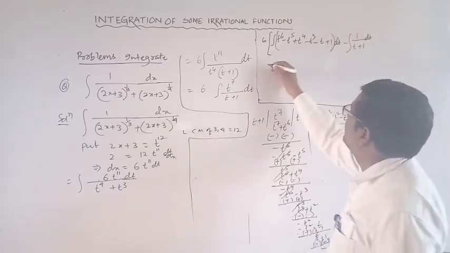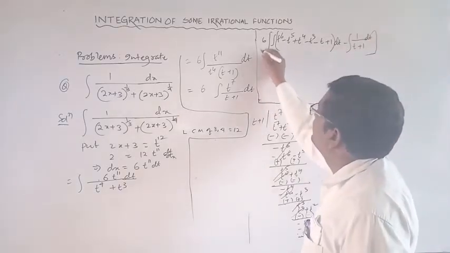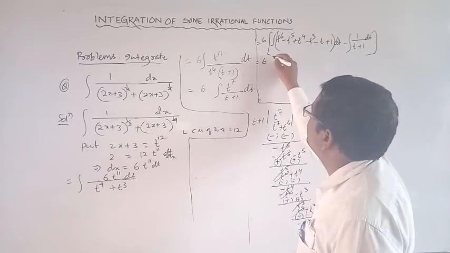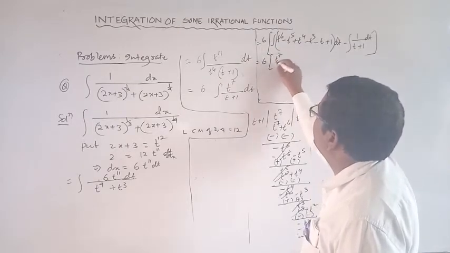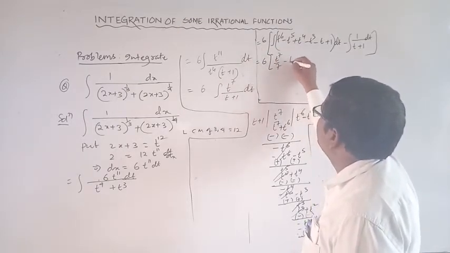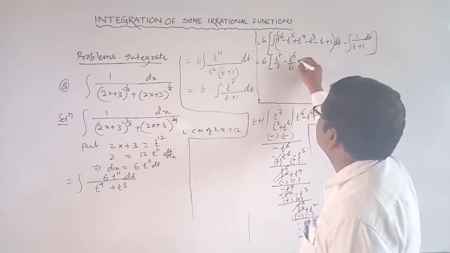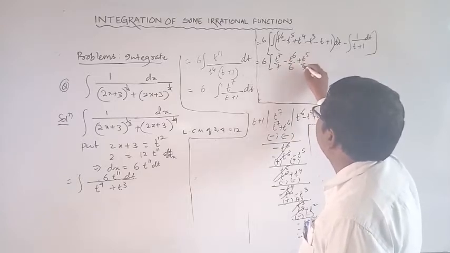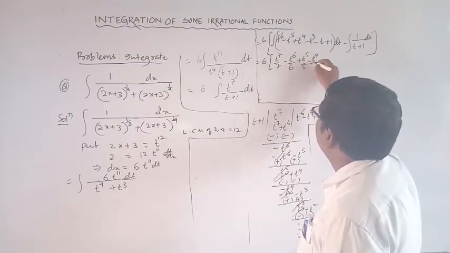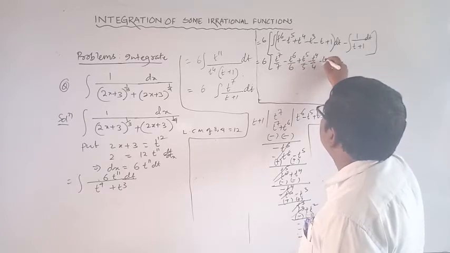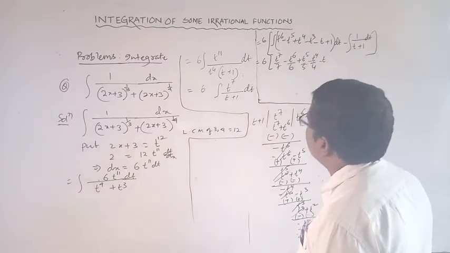dt. So the whole bracket is equal to t to the power 7 by 7, t to the power 6 by 6 plus t to the power 5 by 5 minus t to the power 4 by 4, minus t, this is minus, and this is what?